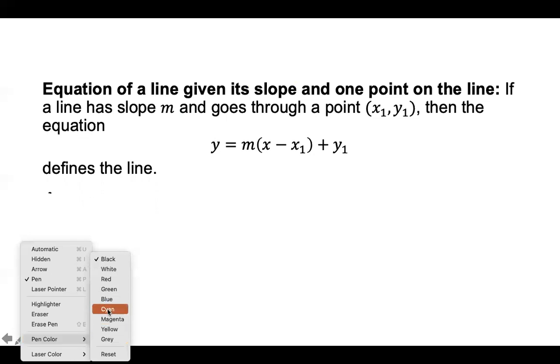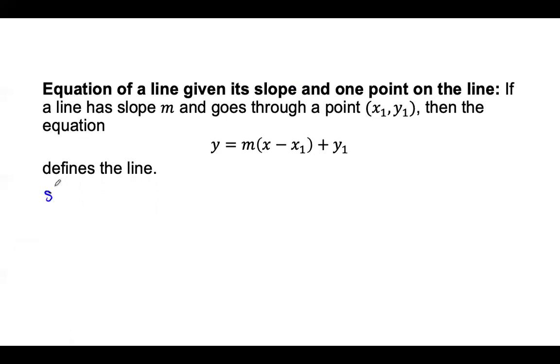Go back to blue. So the slope is m, and a point here is our x1, y1 point. So we can draw a sketch.